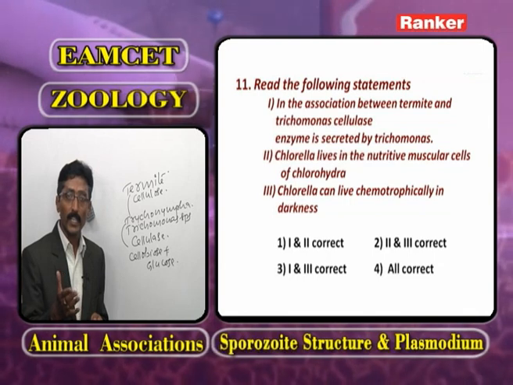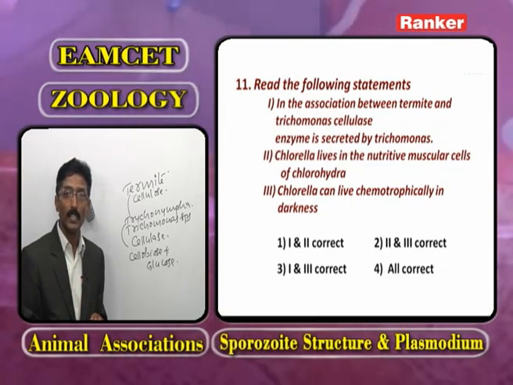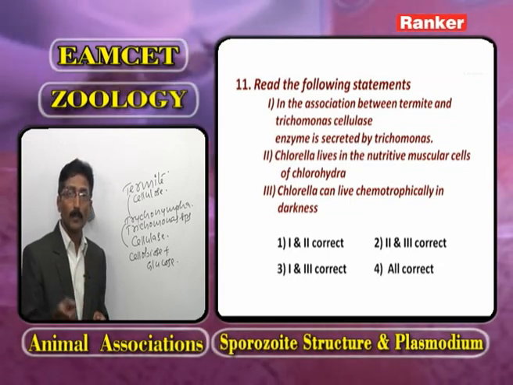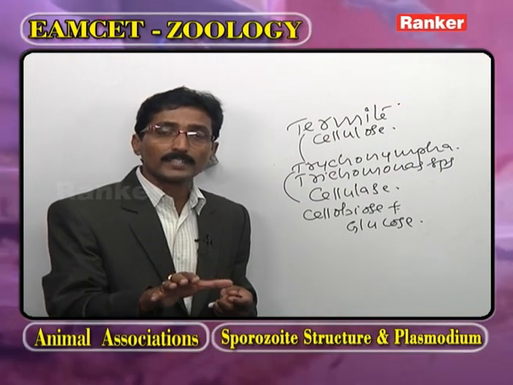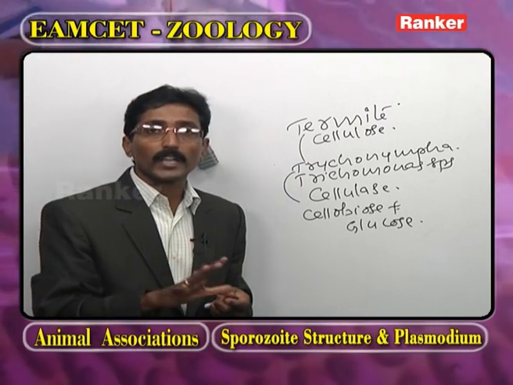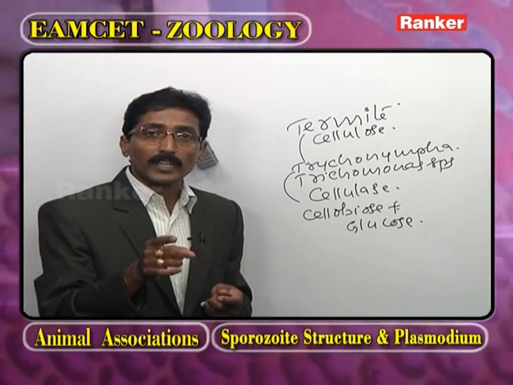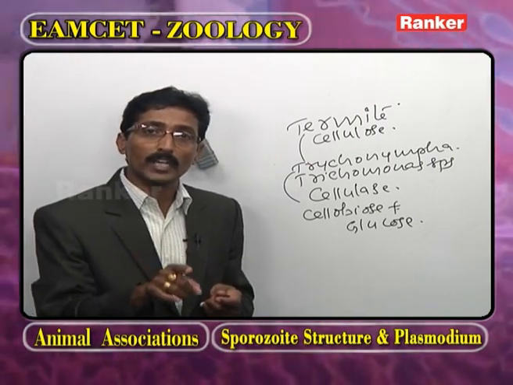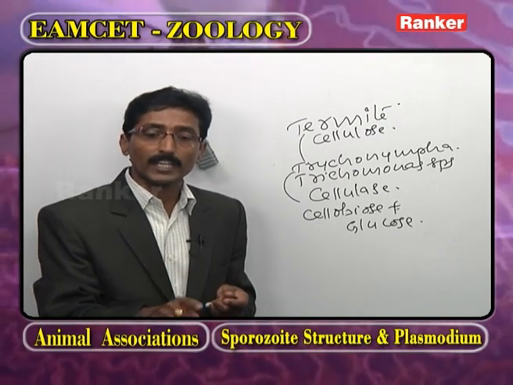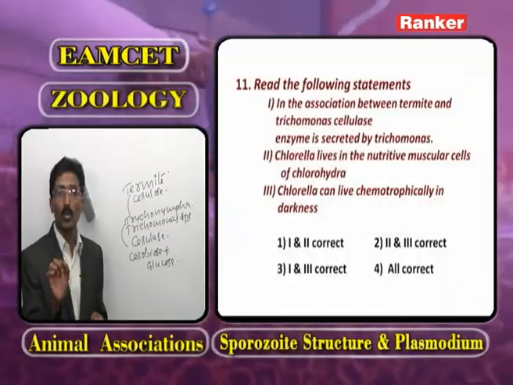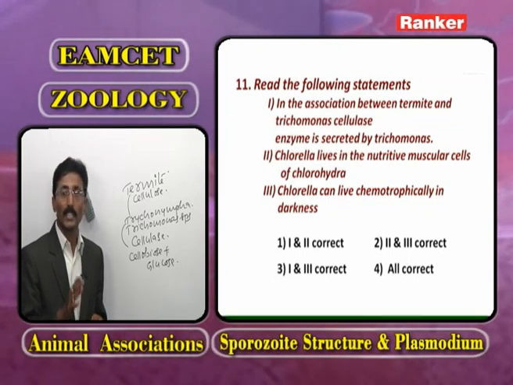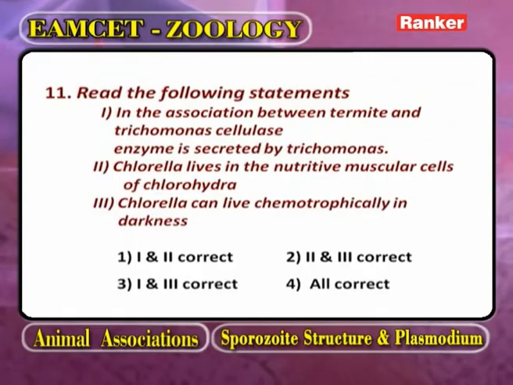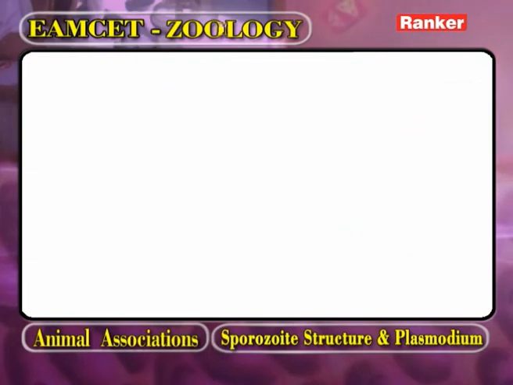Preparing food materials using metabolites or chemical energy is called chemotropism. Now the three statements are correct. The correct answer for this question is that all statements are correct. Now we go for the next question.